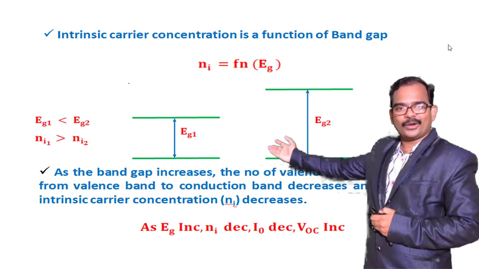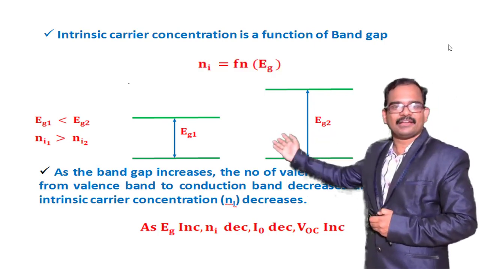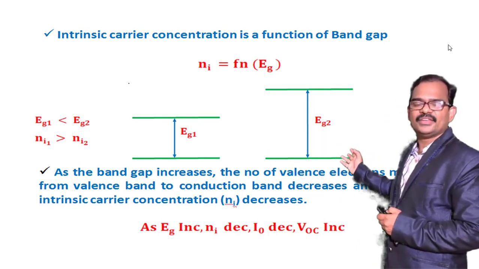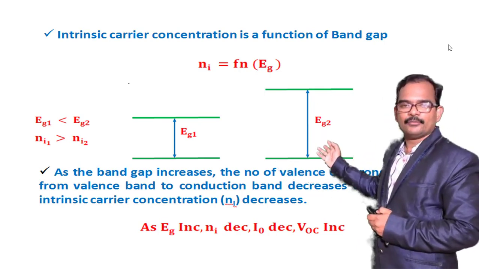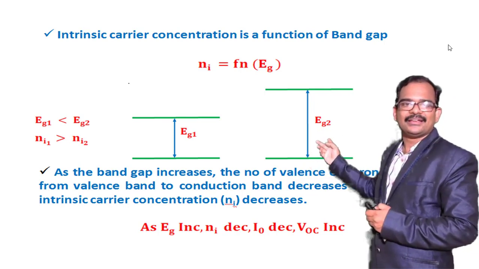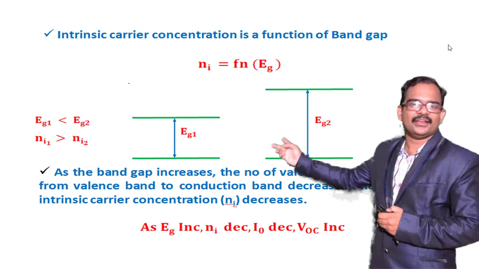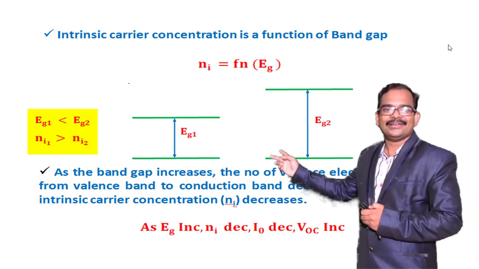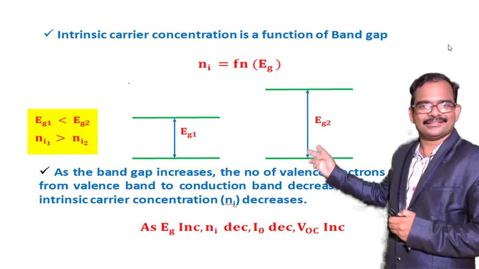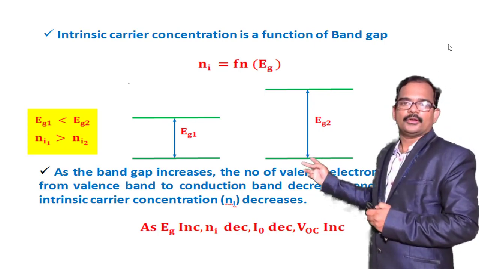You take a material 1 and material 2. Material 1 has a band gap of Eg1 and material 2 has a band gap of Eg2. And what is the comparison between these two materials? Material 2 has a higher band gap compared to material 1. That is, Eg2 is greater than Eg1, or Eg1 is less than Eg2.